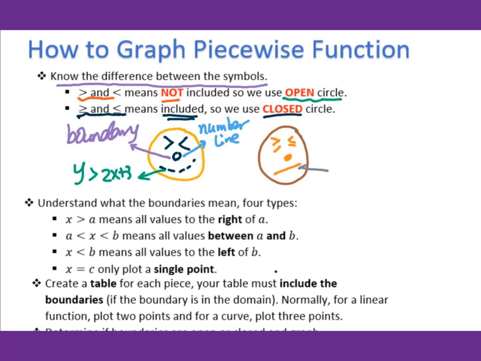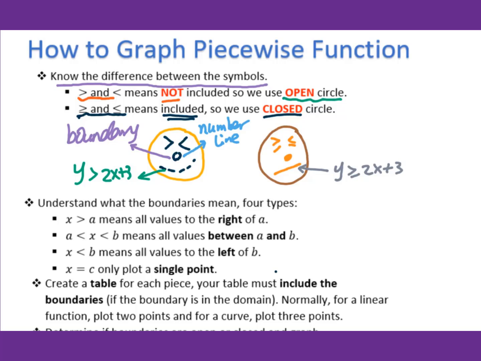When we sketch the linear inequality function y greater than or equal to 2x plus 3, you have to use a solid line to sketch this linear function and then shade the portion above the line.